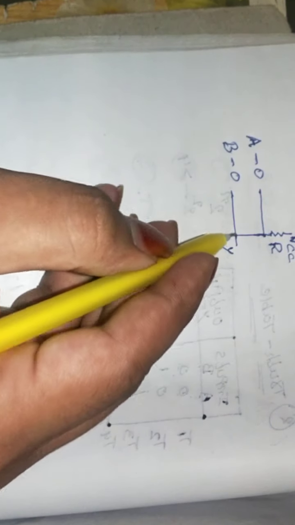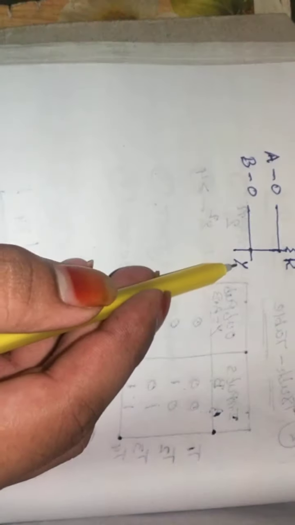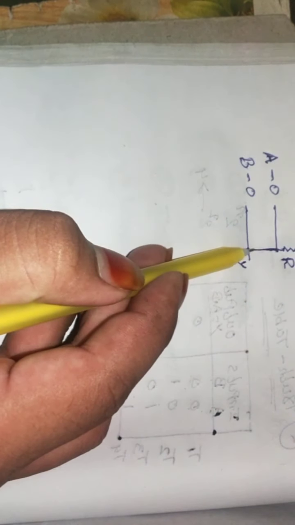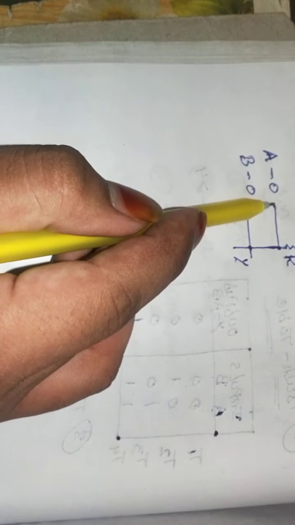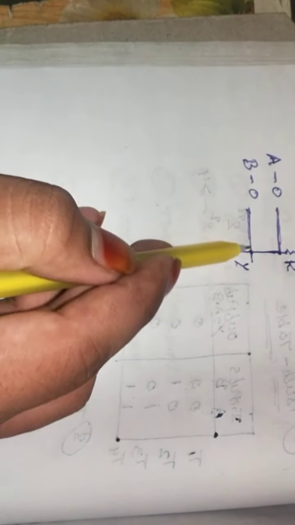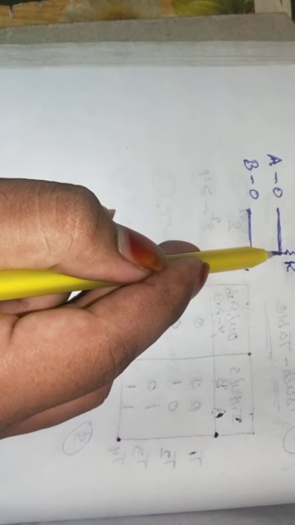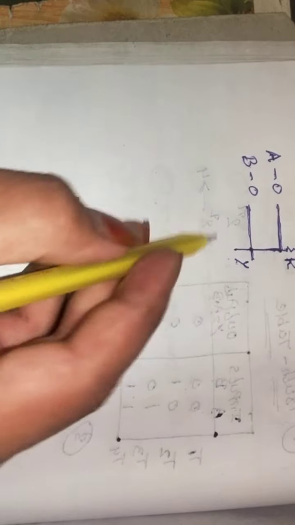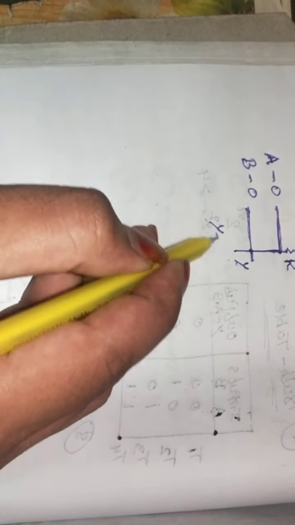The VCC and output are both connected to ground, that means 0 0. So the short circuit occurs, and the output comes Y equal to 0.